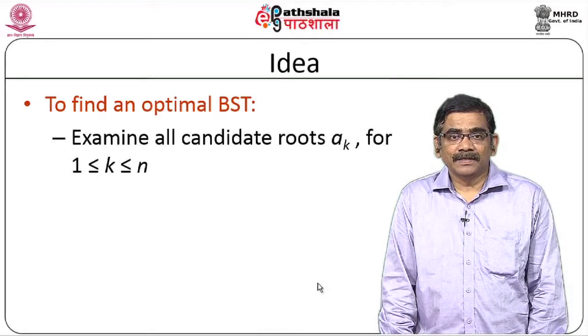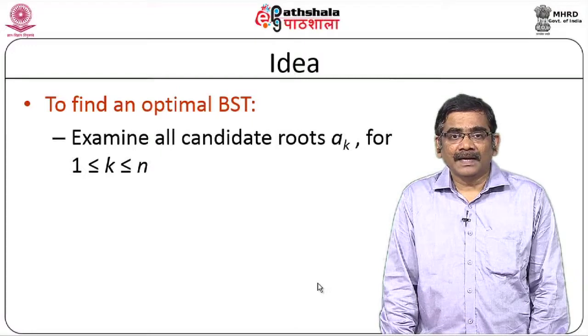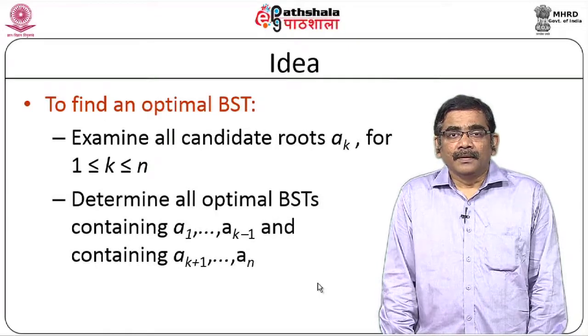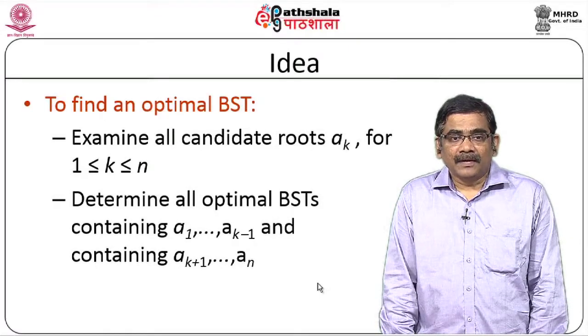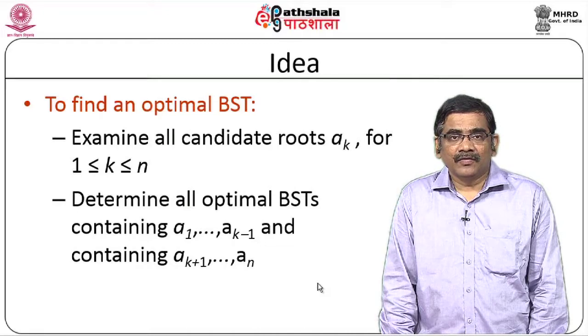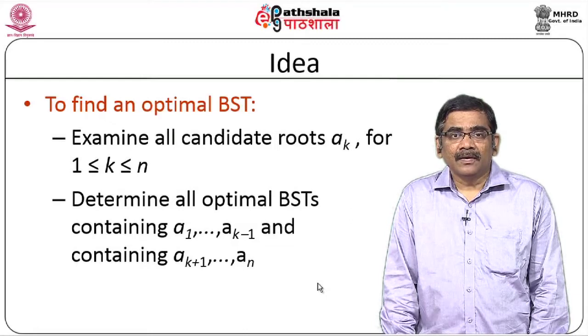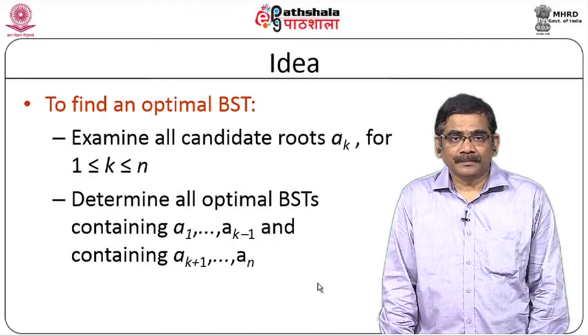What we are going to do is examine all candidates for the root element a k, where k ranges from 1 to n, because the given elements are a 1, a 2, a 3 up to a n. Now, we are going to determine all optimal BSTs for a 1 to a k minus 1 and for all elements from a k plus 1 to a n.